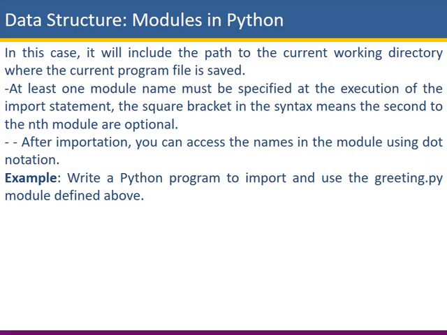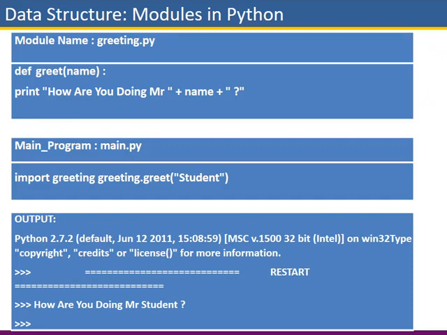Write a Python program to import and use the greeting.py module defined above. So we want to write a program where we import our module and use the greeting.py module.